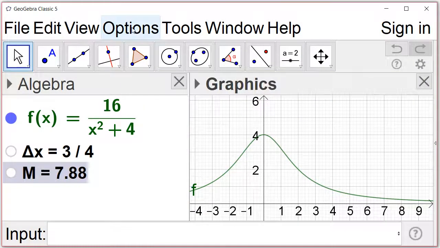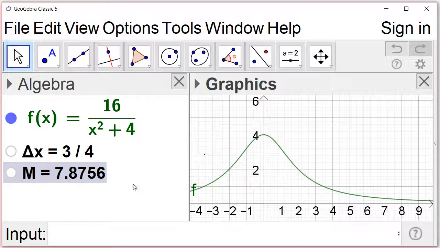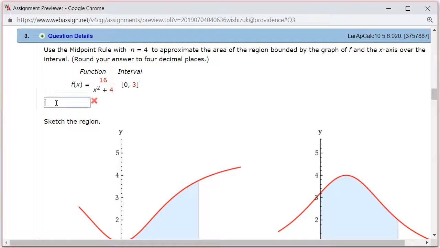We can go to options, then rounding, and change 2 decimal places to 4 decimal places. It looks like we got 7.8756. Let's type it in and check the answer. I came back, and it looks like we got the midpoint rule correctly.